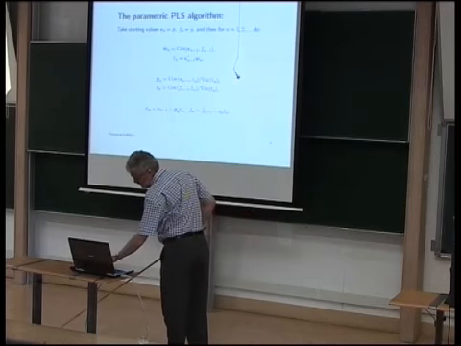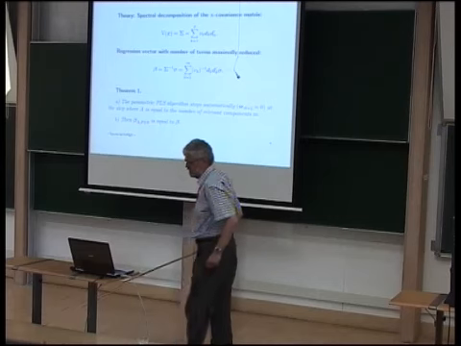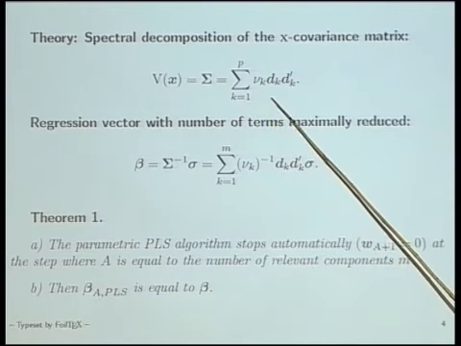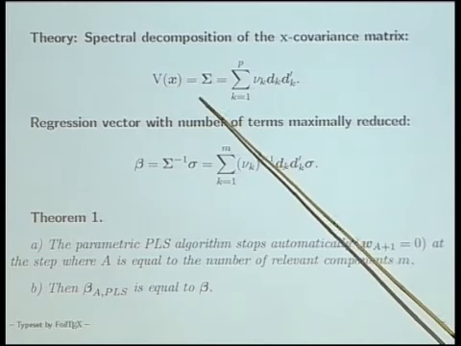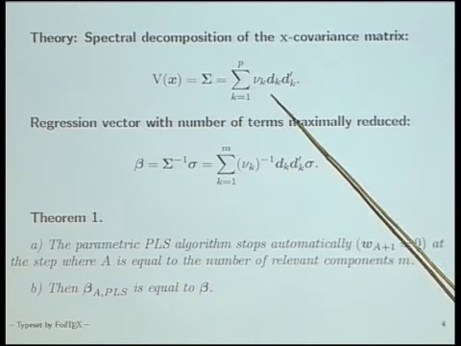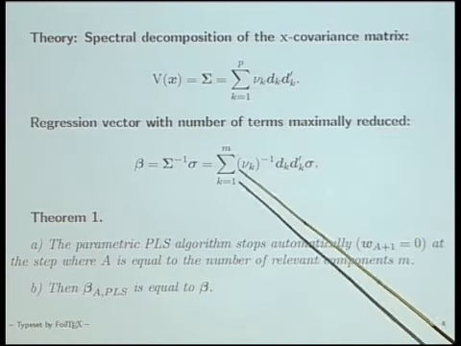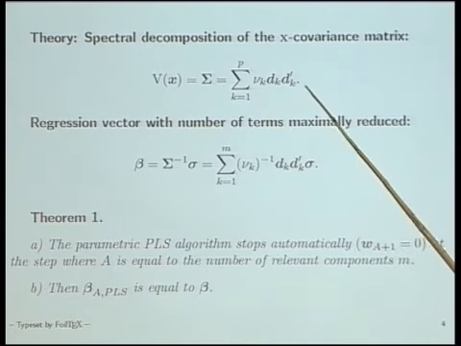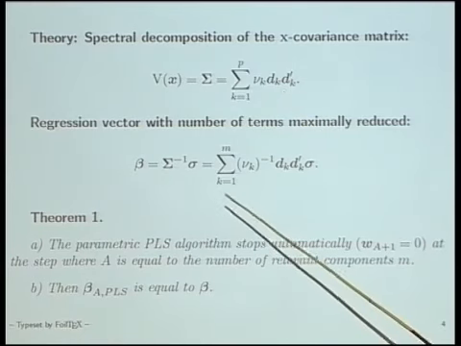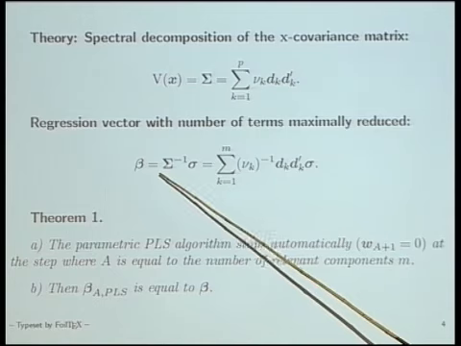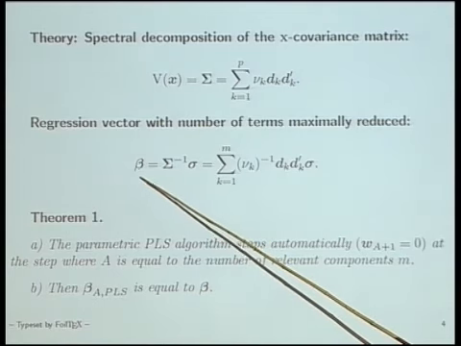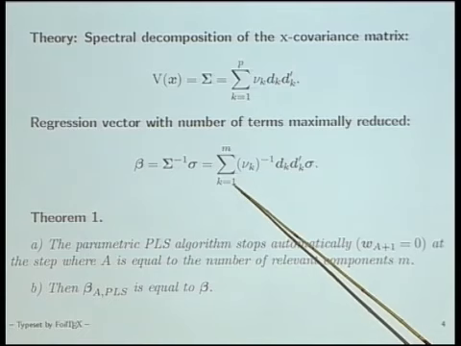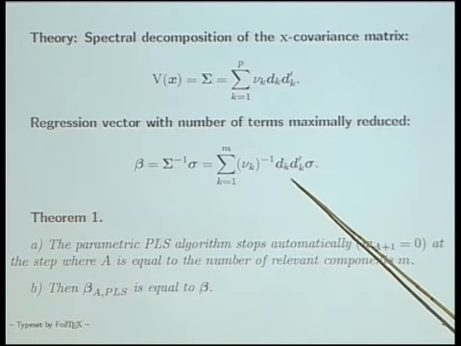And in fact, there is a structure behind this thing, and to look at that in a simple way, we look at the covariance matrix of the x's. We imagine that the x's are random and have some covariance matrix, and look at the spectral decomposition of that one, and then we formulate the regression coefficient in the shortest possible way using these principal components.